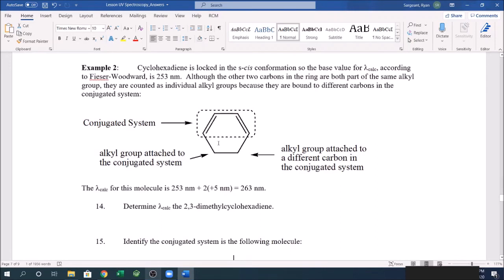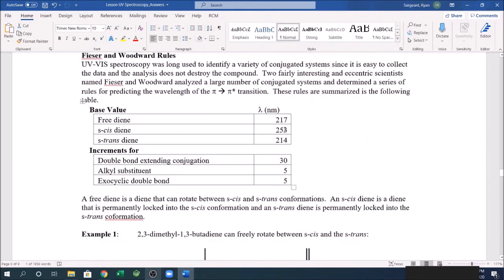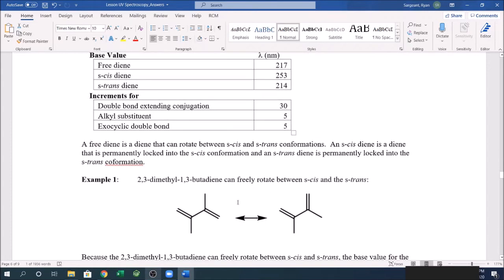So this would be 1,3-cyclohexadiene, and these 2 pi bonds right here are currently in an S-cis fashion, and they are locked in an S-cis fashion. They can't rotate out of that. The ring system prevents the rotation. So the base value for this S-cis system that's locked in that conformation is 253 nanometers, but the base value for a diene that's free to undergo rotation is 217 nanometers.